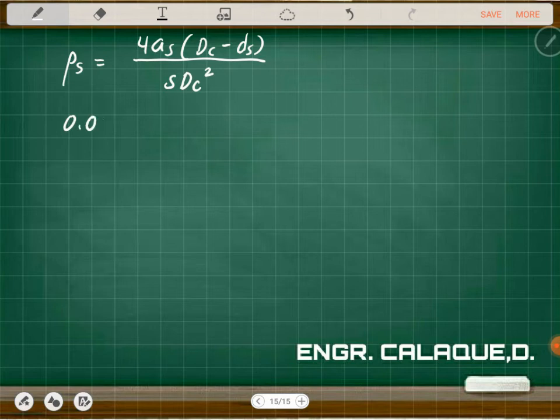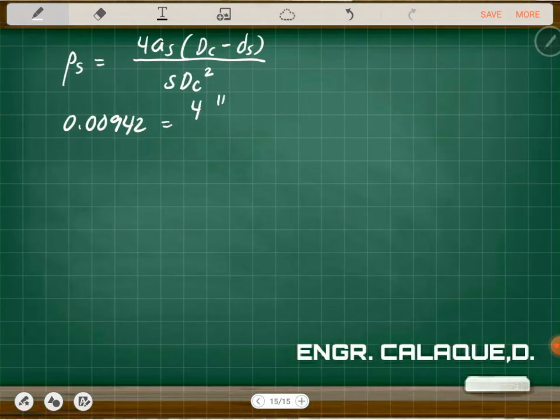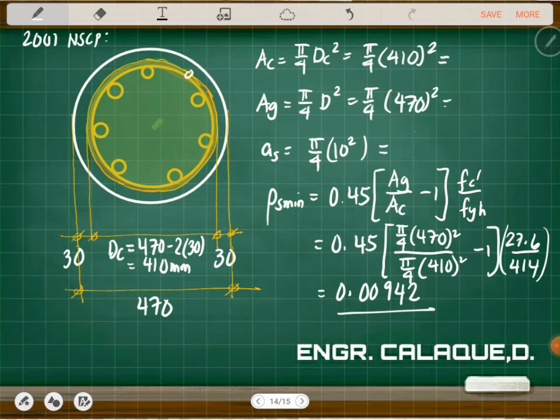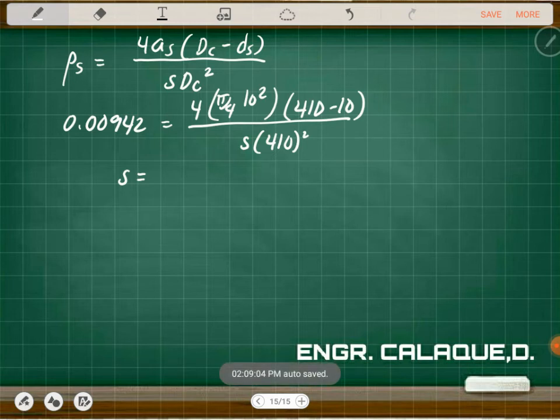Therefore, we have 0.00942, which we got earlier, equated to 4 times pi over 4 times 10 squared times (410 minus 10), all over S times 410 squared.